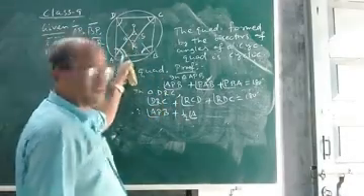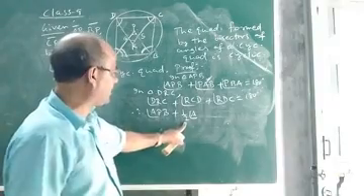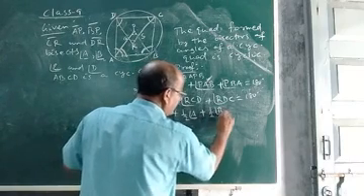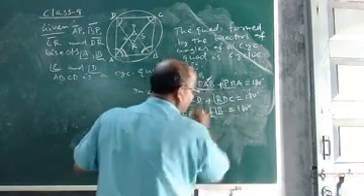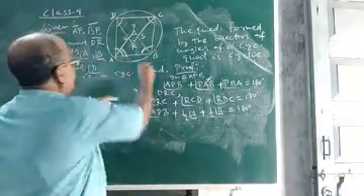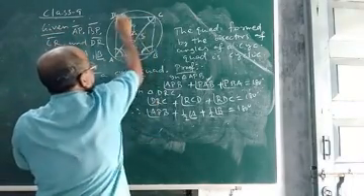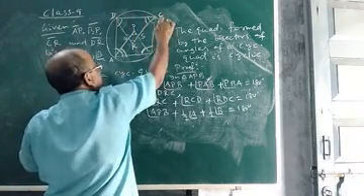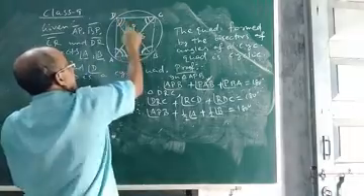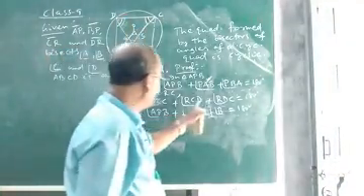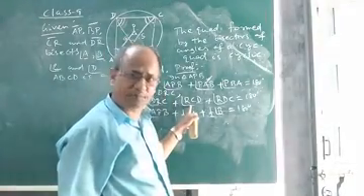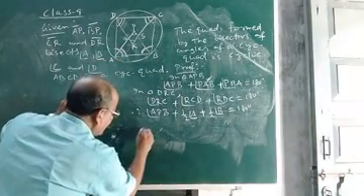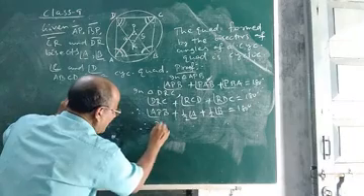Similarly, PBA will be half of angle B, and the sum is 180 degrees. Similarly, in triangle RCD, this small angle RCD will be half of C, and angle RDC will be half of angle D. So in place of RCD we write half of C, and in place of RDC we write half of D.